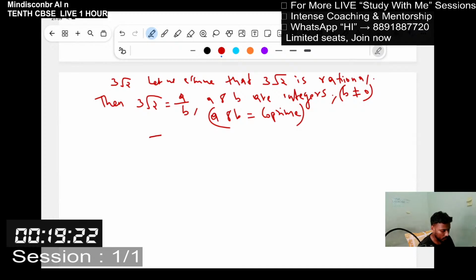So we can write root 2 is equal to a by 3b. Since a by b is rational, this 3b means 3 into b. B is an integer, so this is a rational number.